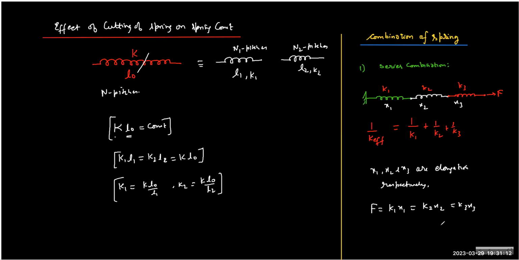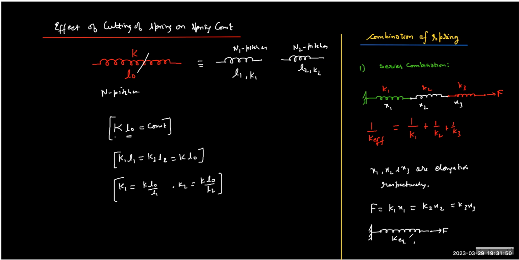Okay. So having said this, I would like to know the equivalent spring constant, the K equivalent. Now, you can say that this K equivalent is the substitution of the three springs by one spring, which can deform by the same value under the action of the same force as before.